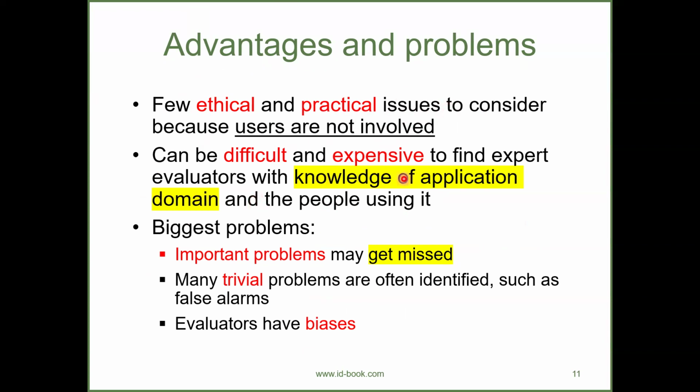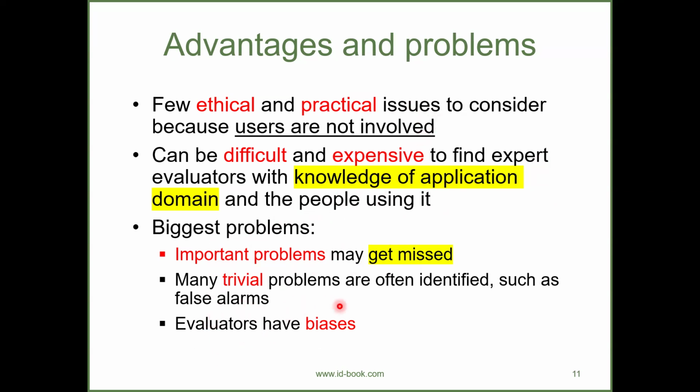It can be difficult and expensive to find expert evaluators, with knowledge of the application domain and the people using it. So this can be a bit difficult. The biggest problem is that important problems may get missed because we are considering only the practical issues.